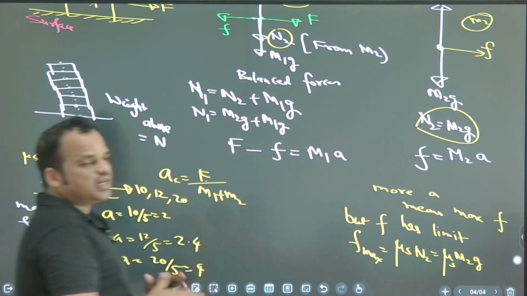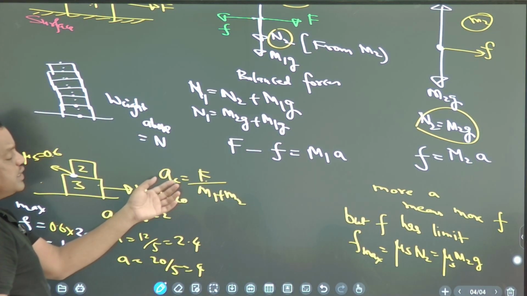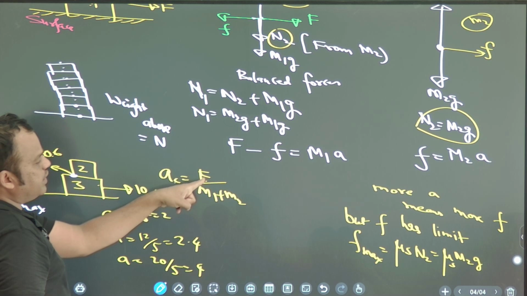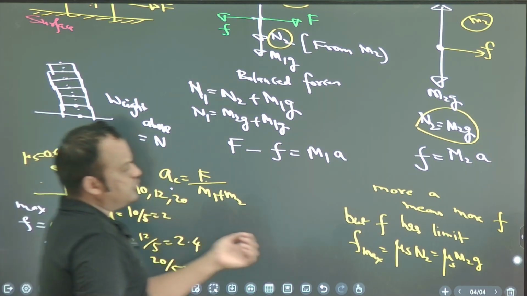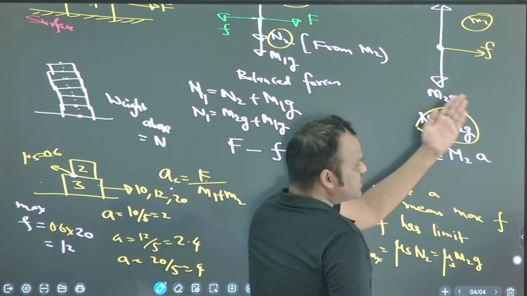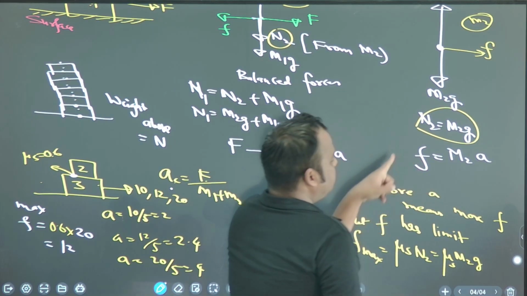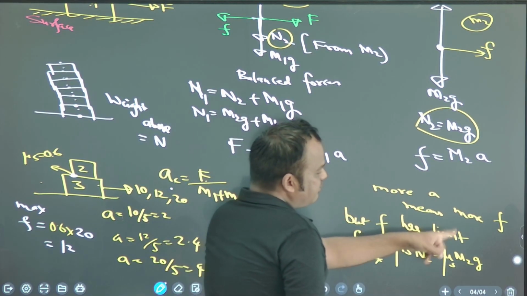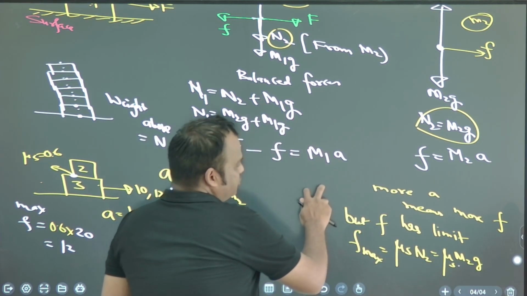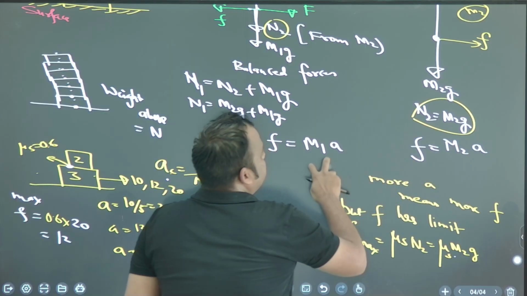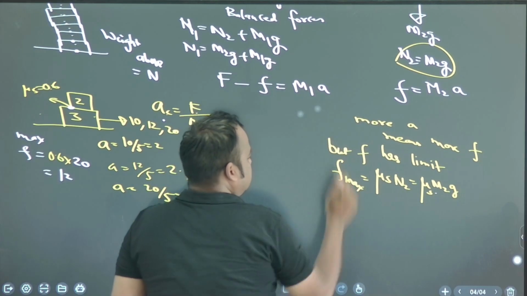Now when F is more, acceleration is more. Acceleration more means friction more. But friction has limit. What is the limit? Mu s m2g. So note down. So maximum common acceleration we can find.